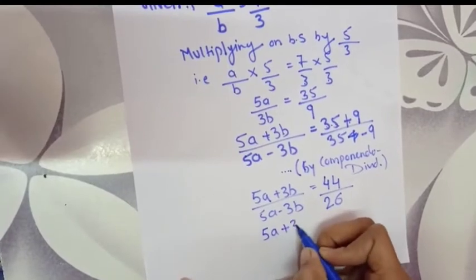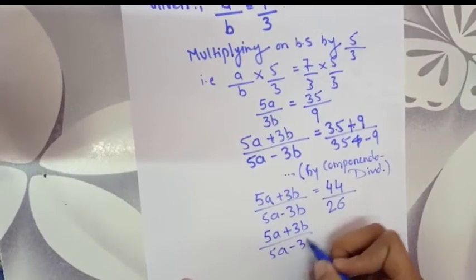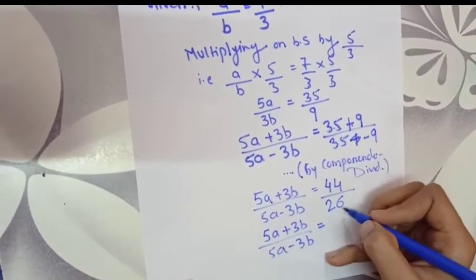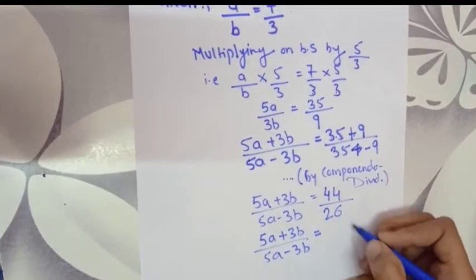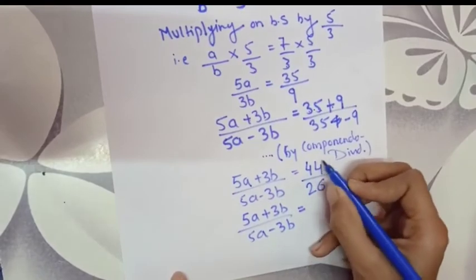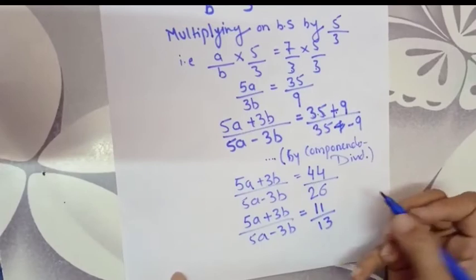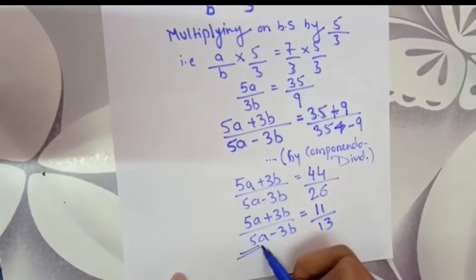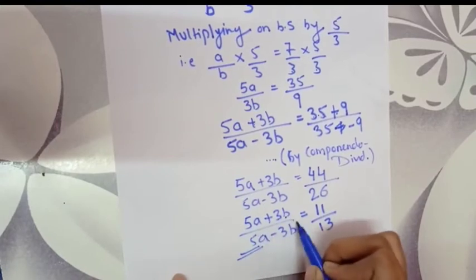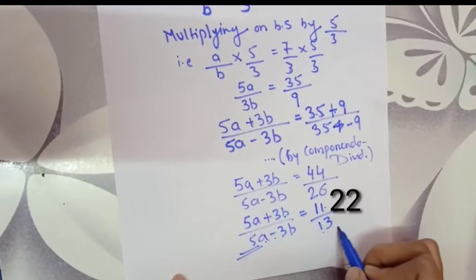now 5a plus 3b by 5a minus 3b will be equal to, here both can be reduced. We have to write in the reduced form. Therefore 44 by dividing by 2, it will be 11 by 13. Therefore the value of this ratio, 5a plus 3b divided by 5a minus 3b, will be equal to 11 by 13.